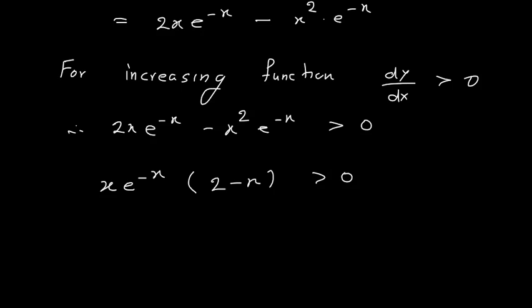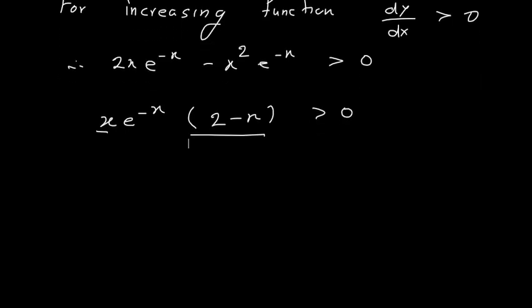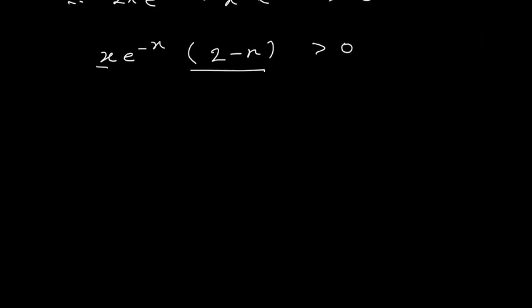So whether this product is greater than 0 or not will purely depend on x and 2 minus x. We have two critical values here: x equals 0 and x equals 2. For x equals 0 and x equals 2, this whole term is 0.